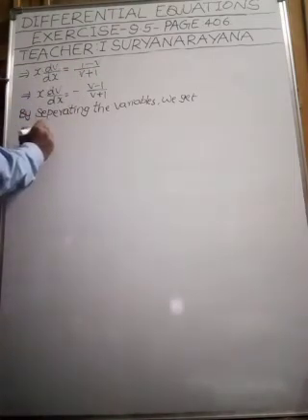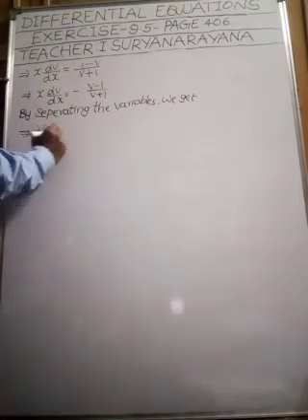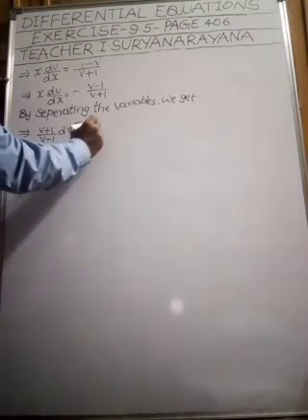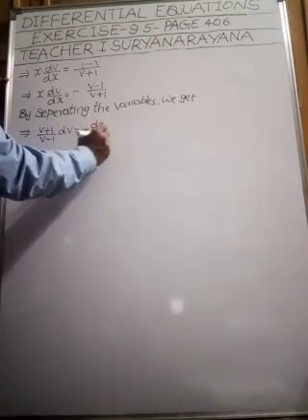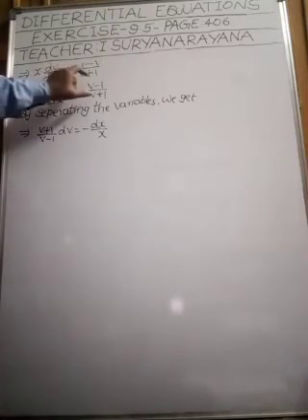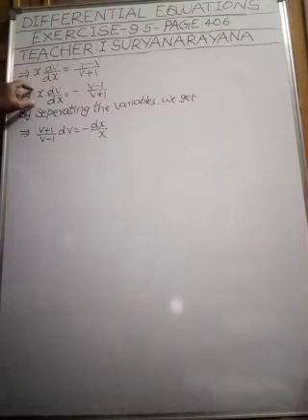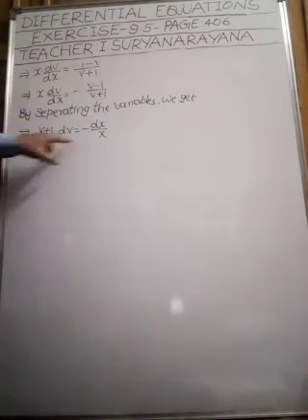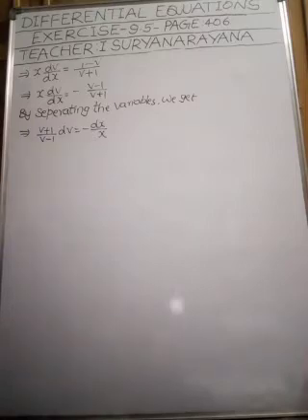Then we get v plus 1 by v minus 1 dv is equal to minus dx by x. Understood this step, my children? We have transposed this part to this side and x by dx to RHS. Then we get this step. Okay, my children? Understood? Right.